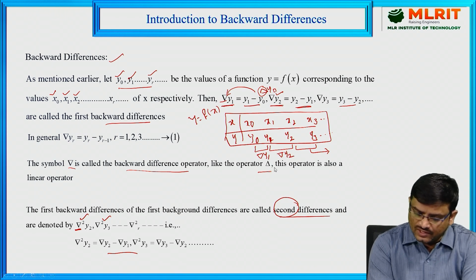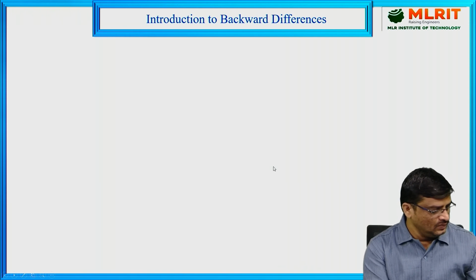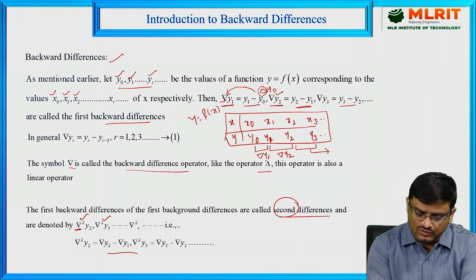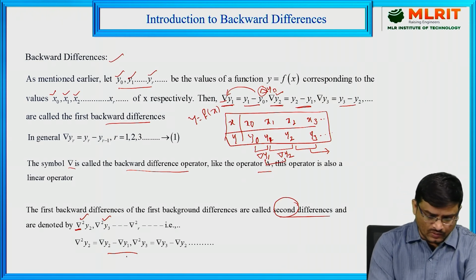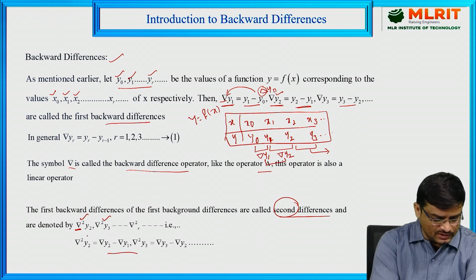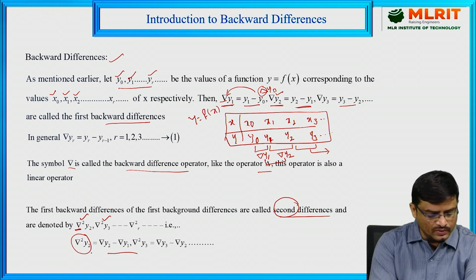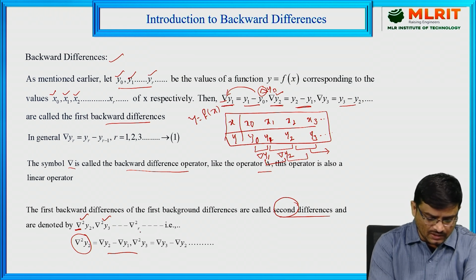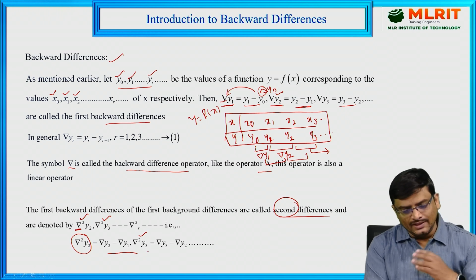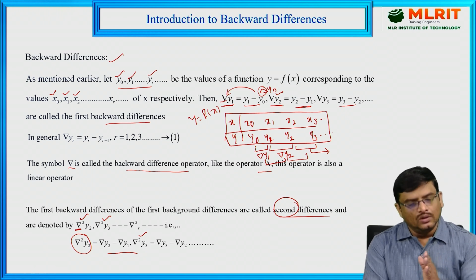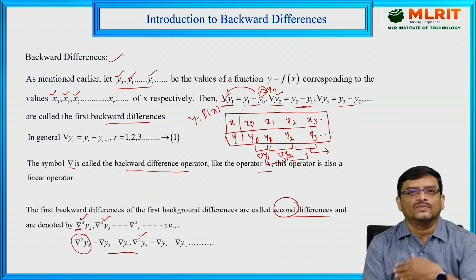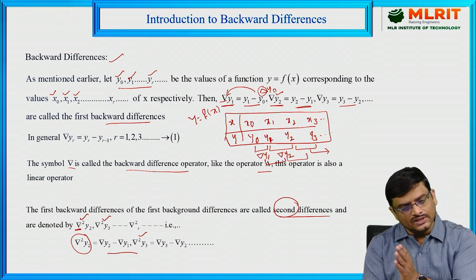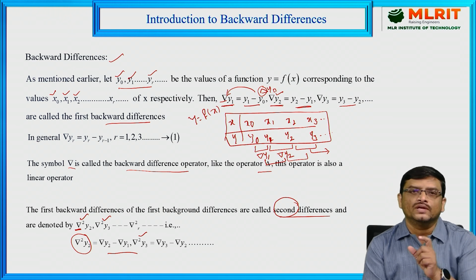Once again if you take the differences of these values, del y2 minus del y1, this is represented with del square y2, and similarly whatever differences we got for the next two numbers is represented with del square y3. Like this, each time we take the differences of the values in the present column, and we follow this procedure until we get a single value in that particular column here.